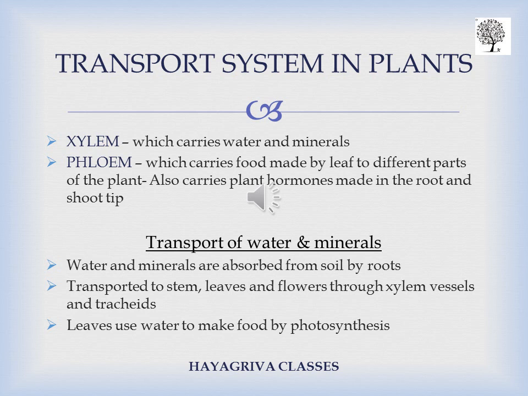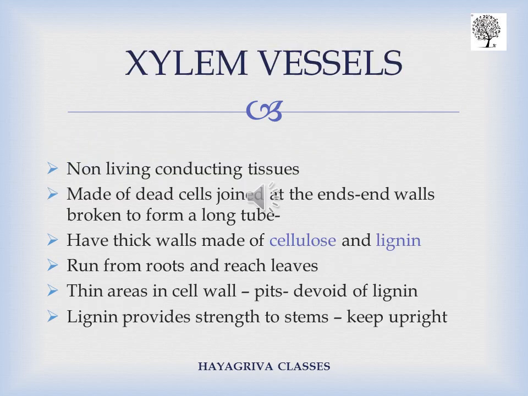So through root hairs, water and minerals will be absorbed, and that has to go to the stem, leaves and flowers. How does it go? Through xylem vessels and something called tracheids. And this water is also used to make food by the process of photosynthesis.